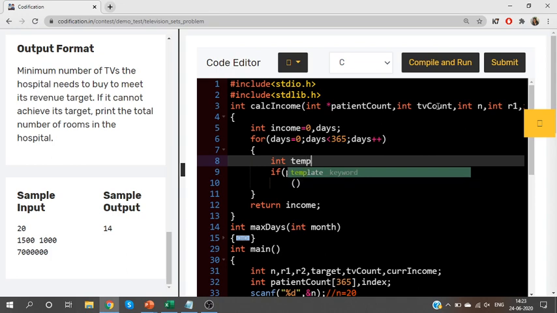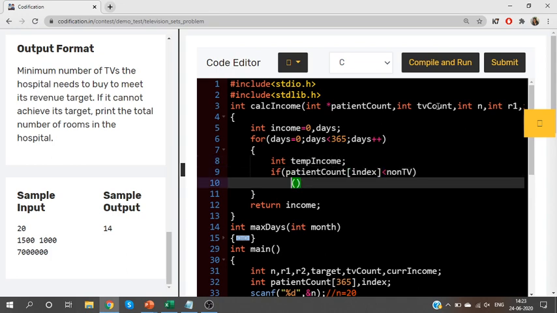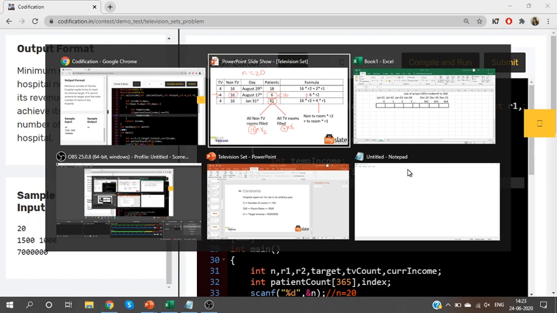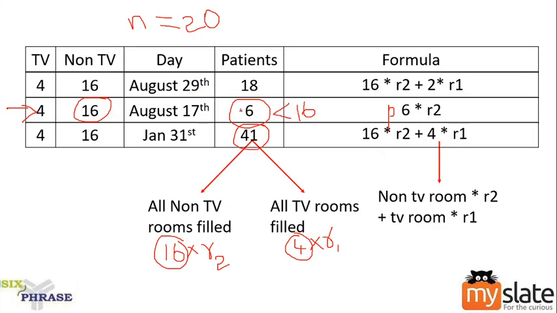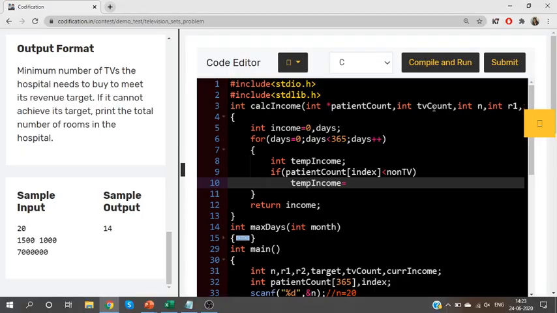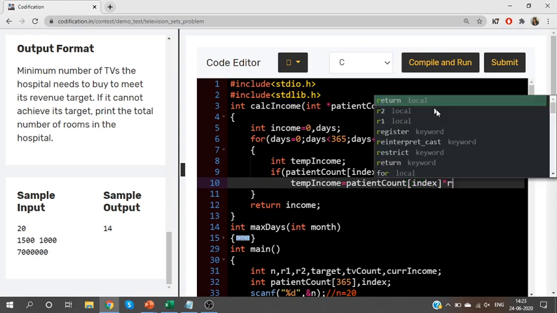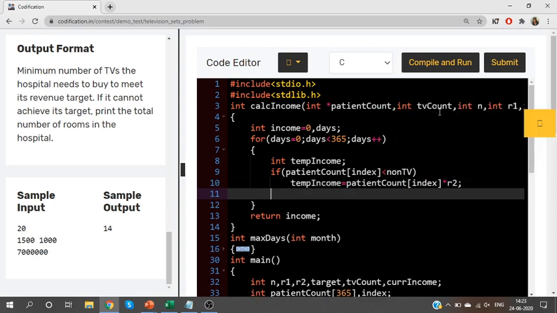Have a variable named temporary income. So how will I calculate the income for this case? When the patient count is less than non-TV rooms, multiply the patient count with R2. This is one scenario.